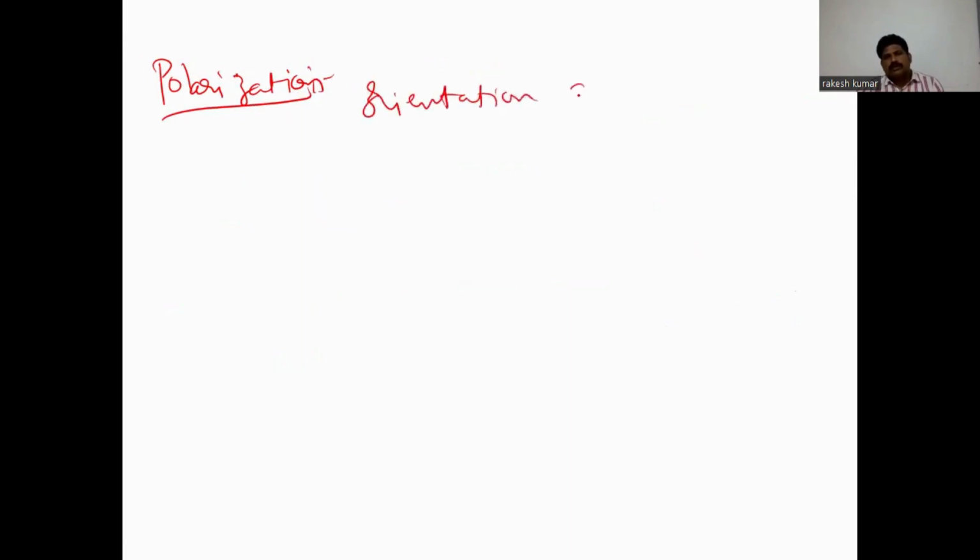Now let's discuss polarization. What is the definition of polarization? Polarization is the orientation of the electric field.